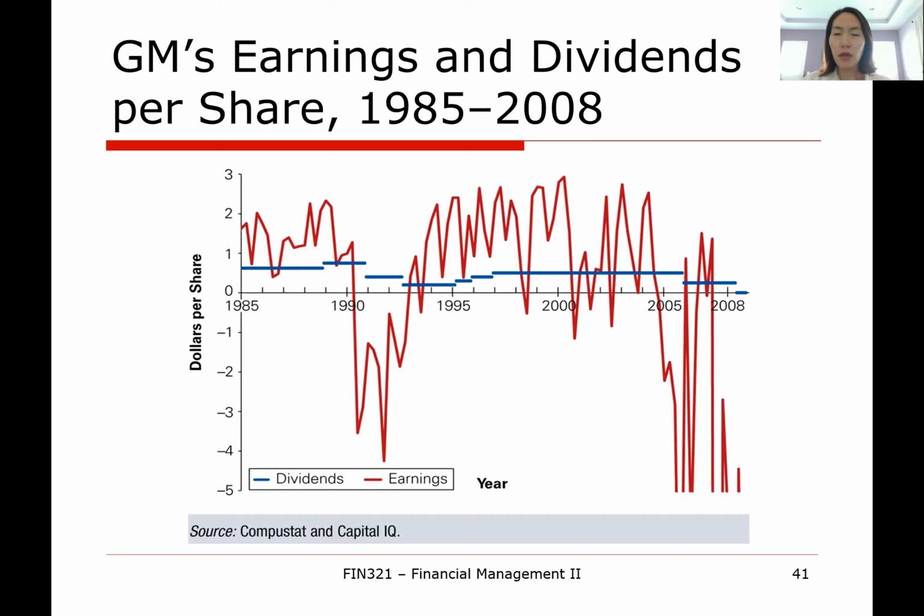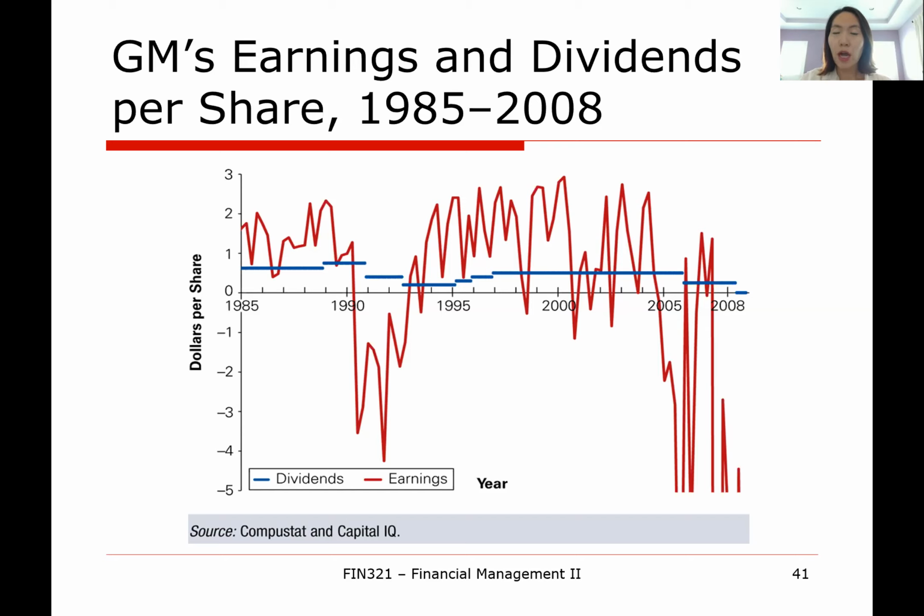The red graph represents the firm's earnings over that period, and the blue bars represent the firm's regular dividend amount over the same period. What patterns do we read from this graph? Over that 20-plus year period, as we can see, the firm's earnings have been very fluctuating and volatile. The red graph is all over the place.